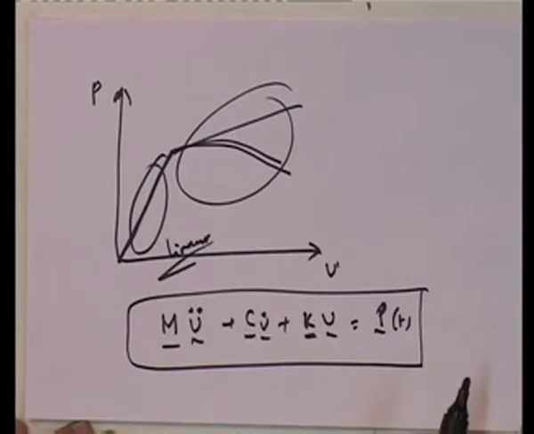So, that is the only time I cannot use mode superposition, purely because mode superposition is only valid for linear systems. So, that is when I need to solve this.